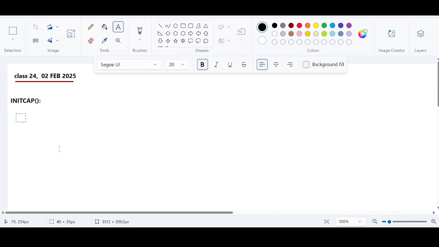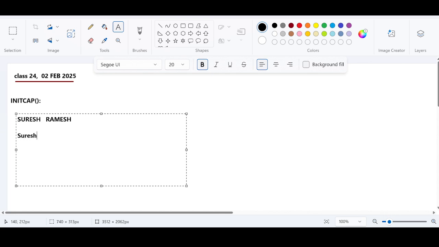For any given string, for example Suresh or Ramesh, the moment you pass these strings into the init cap function, it ensures that the first character remains uppercase and the remaining characters are in lowercase.